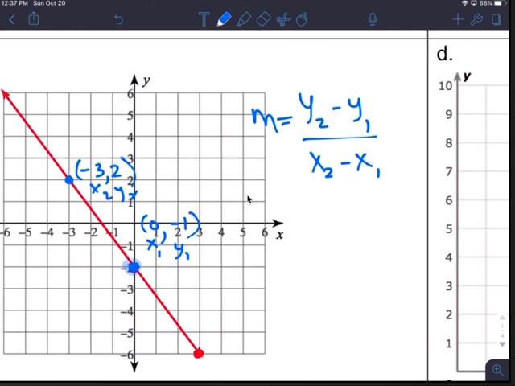Here you use y sub 2, this number 2, y sub 1, -1. So you get -2 minus -1, additive inverse.